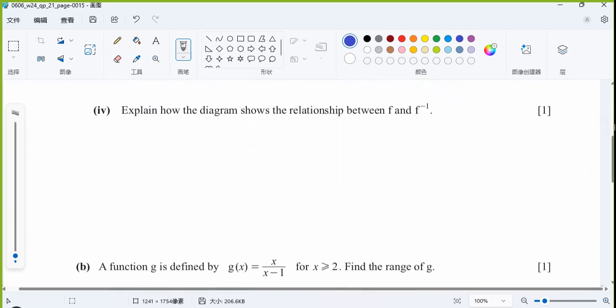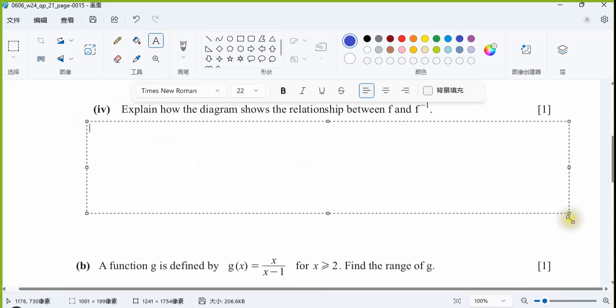And then explain how the diagram shows the relationship between f and f inverse. So the curve is symmetrical about the line y equal to x.